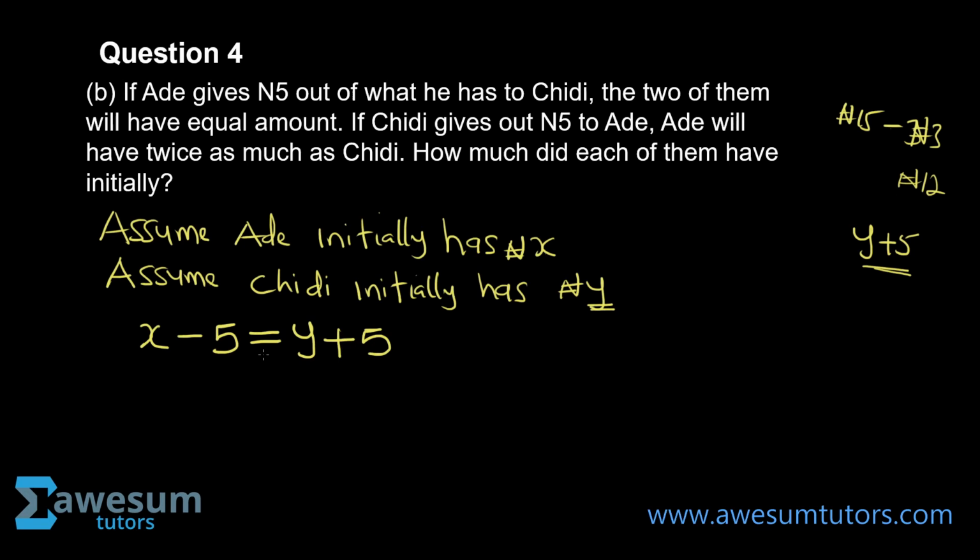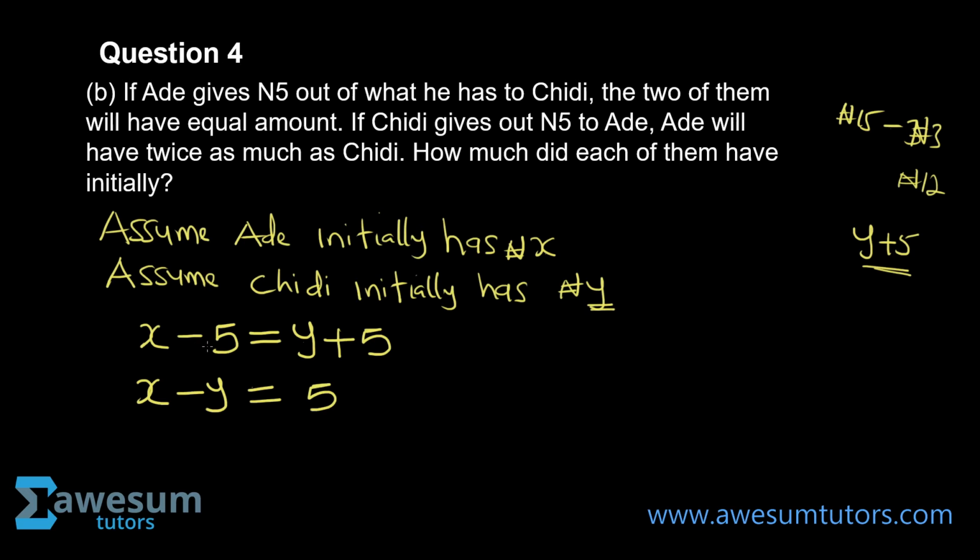Before we go to the next statement, let us rearrange this. I can bring letters to one side and take numbers to the other side. So this is X. Now take note, this is plus Y, it's going to come to this side and becomes negative Y. Equals to, this is positive 5, and this is negative 5.